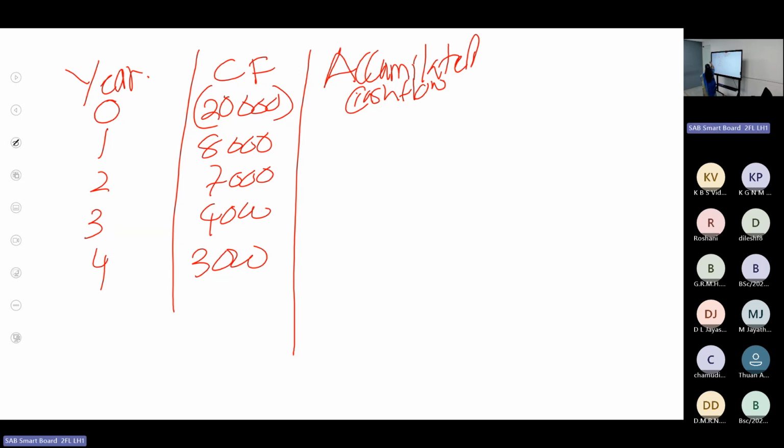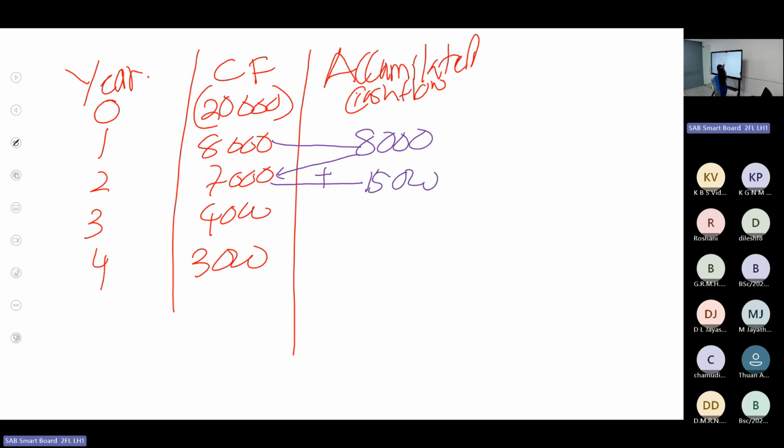At the end of the first year, you are able to recover 8,000. At the end of the second year, you have the first year 8,000 plus the second year 7,000, or 15,000.